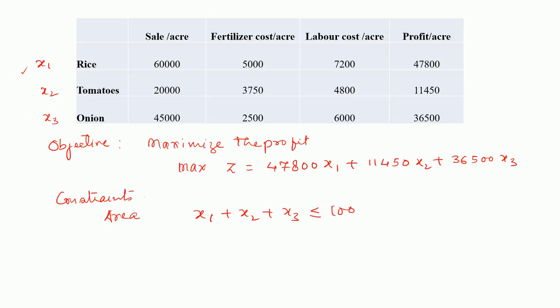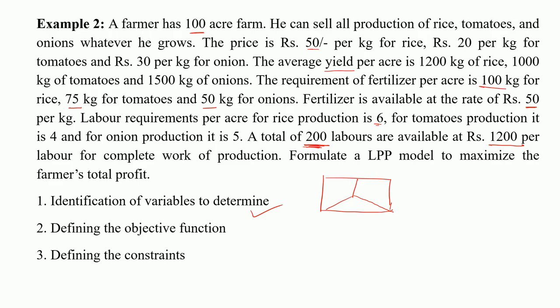So this is the labor constraint: 6x1 plus 4x2 plus 5x3 less than or equal to 200. No other constraint is given to you, so we will have only two constraints.